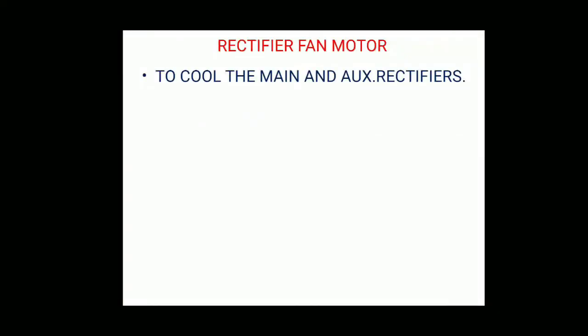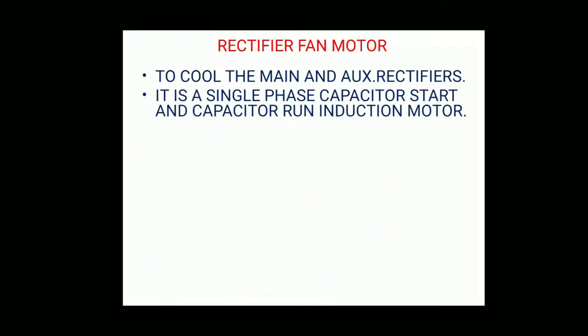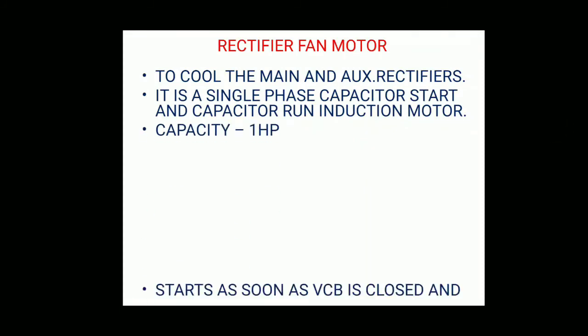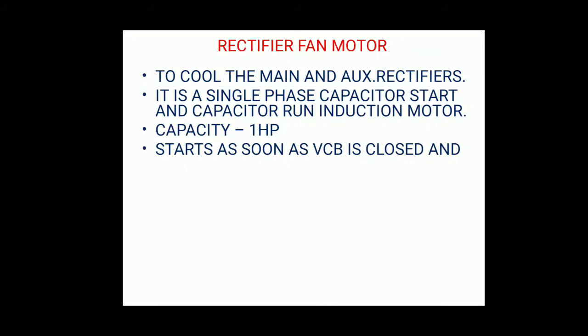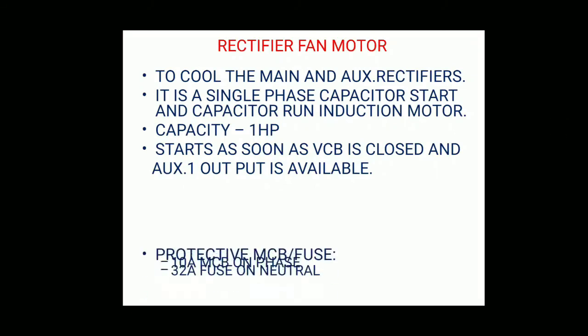Rectifier fan motor. This motor is provided to cool main and auxiliary rectifiers in the rectifier box. It's a single phase capacitor start and run motor of capacity 1 HP. It starts as soon as VCB is closed and power is available at the auxiliary 1 circuit.